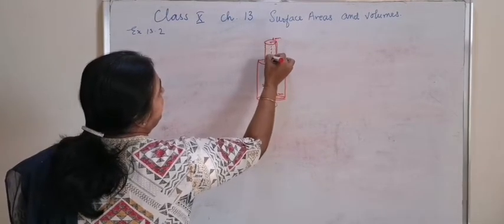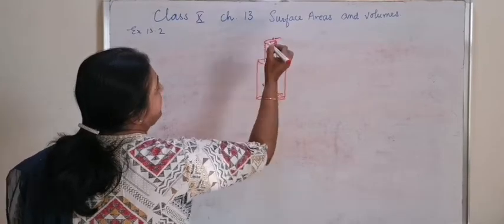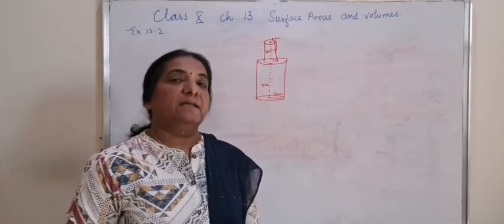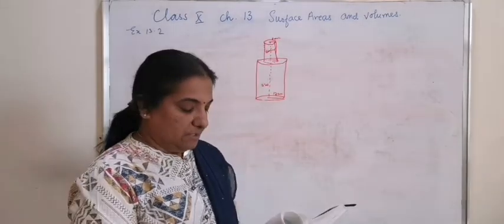The radius is 8 and the height is 60 centimeter. First we have to find the volume, then we have to multiply by the mass per centimeter cubed.